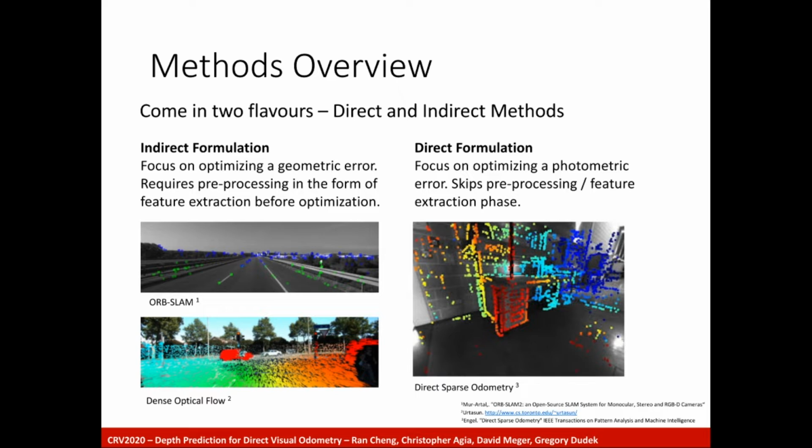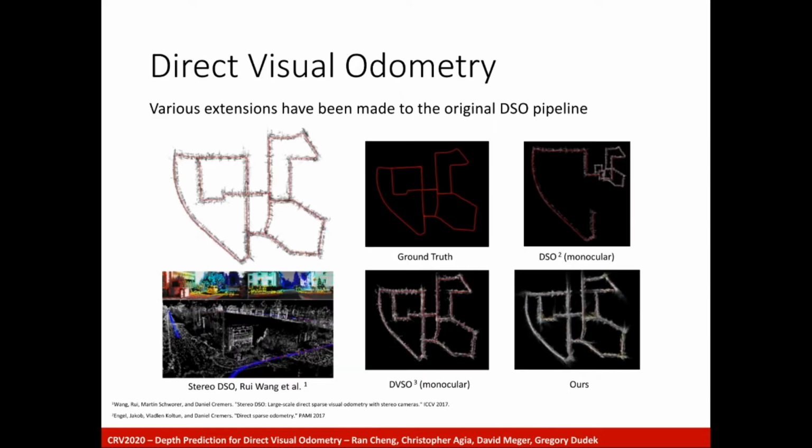In the case of direct formulation, we completely skip this pre-processing and feature extraction phase. Instead, we optimize a photometric error of key points selected directly on the image frame. And this is what is exhibited in direct sparse odometry. So digging a little bit more into direct visual odometry, there have been various extensions that have been made to the original DSO framework, such as stereo DSO, which has been introduced to support stereo setups, DVSO, and then ours.